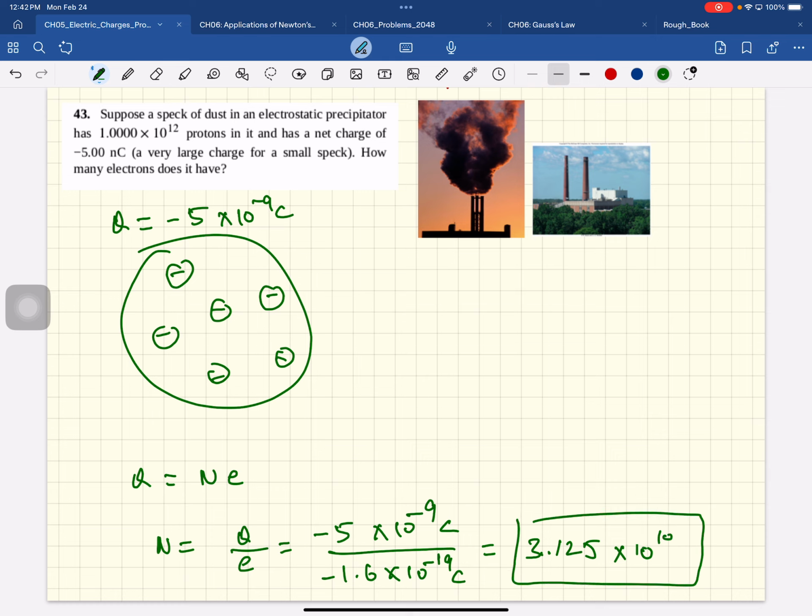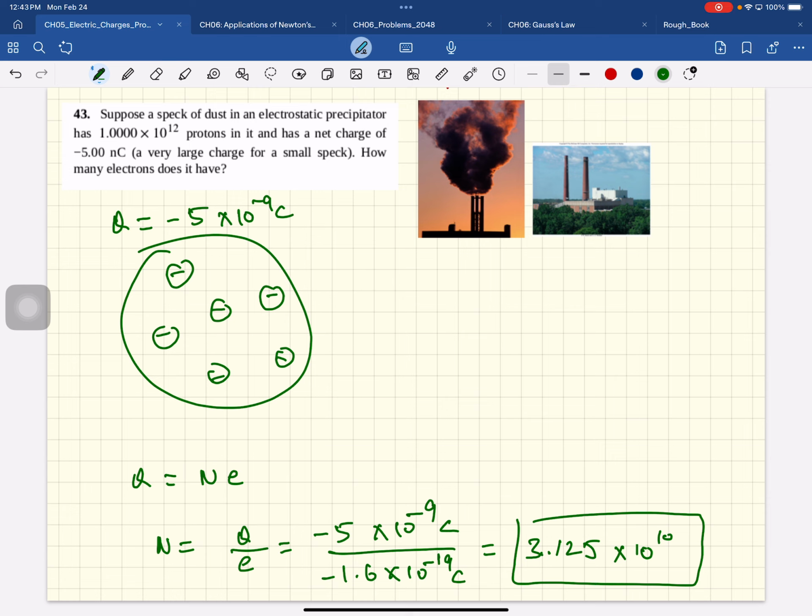Okay, so this was the excess charge. If the number of electrons were equal to the number of protons, it would be neutral. But the excess electrons is what gives it a negative charge. So it has a net charge of that. How many electrons does it have?